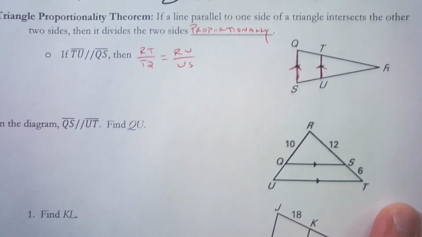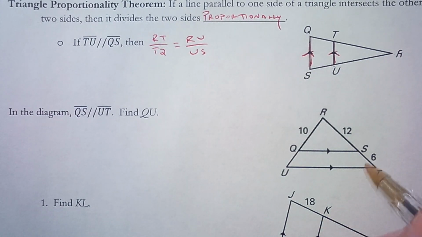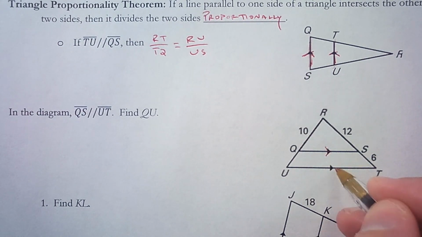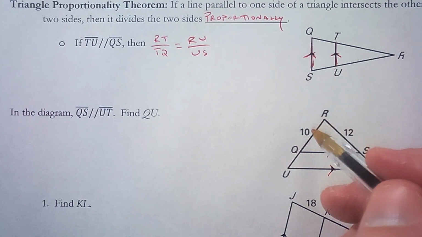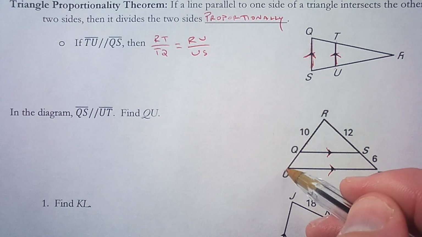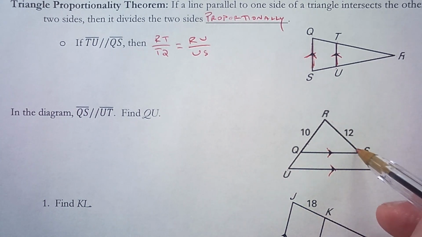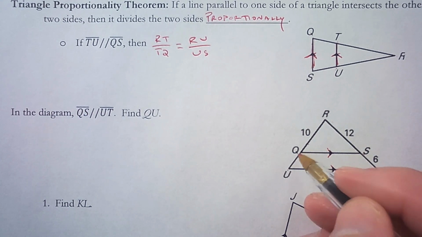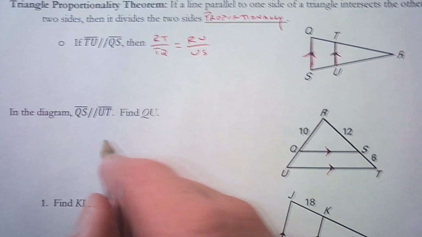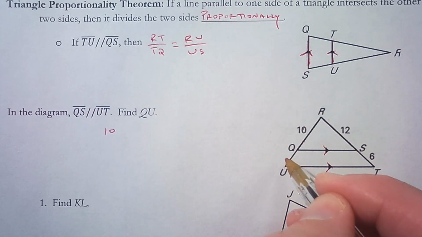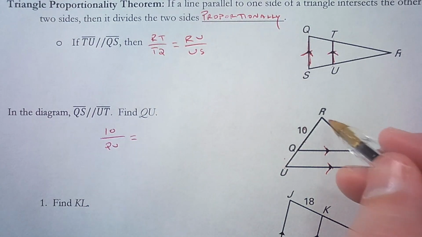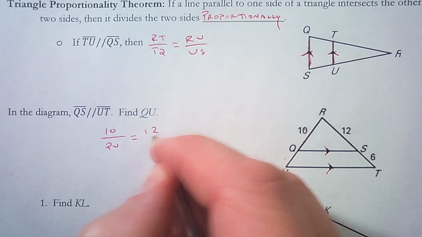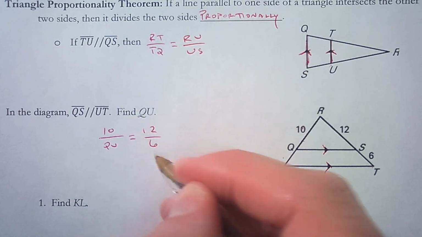Okay, so in this diagram, I've got QS and UT as parallel segments. So it is true that RQ is to QU as RS is to ST. So I'm looking for the length of QU. So 10 is to QU as 12 is to 6.